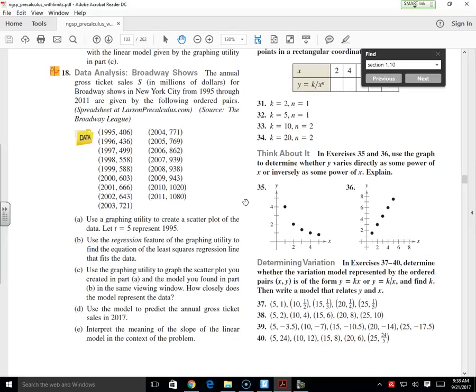Yeah. If you don't have a graphing calculator, you can ask someone around you and be like, hey, you put in half the table, I'll put in half the table, and we'll work together on it.